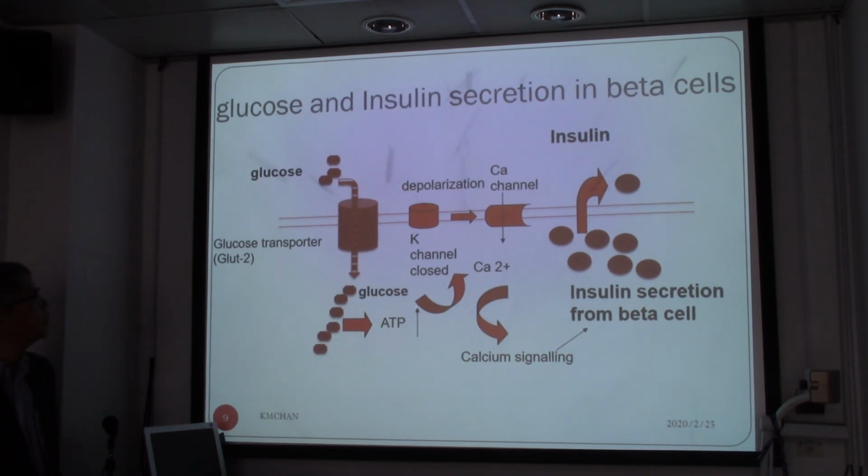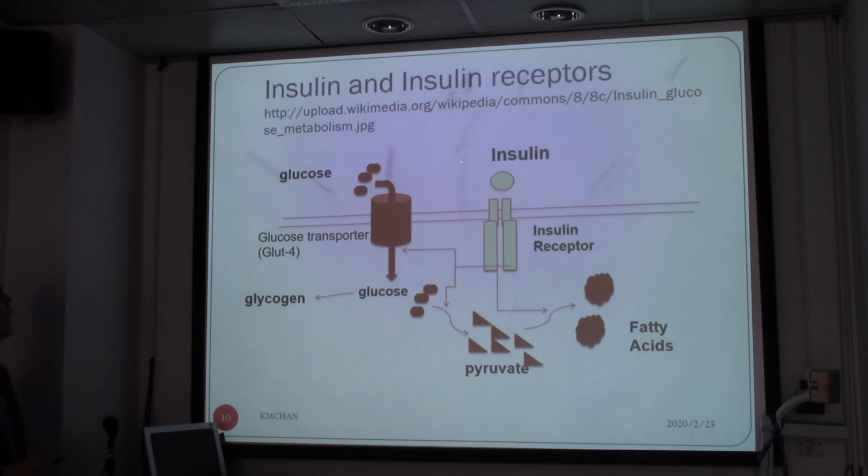And what does it do? Insulin goes into the target cells, to insulin receptors. So there are receptors sensing the signal of insulin. Insulin binds to the receptor, stimulating the formation of fatty acid from pyruvate, because that will promote lipogenesis.